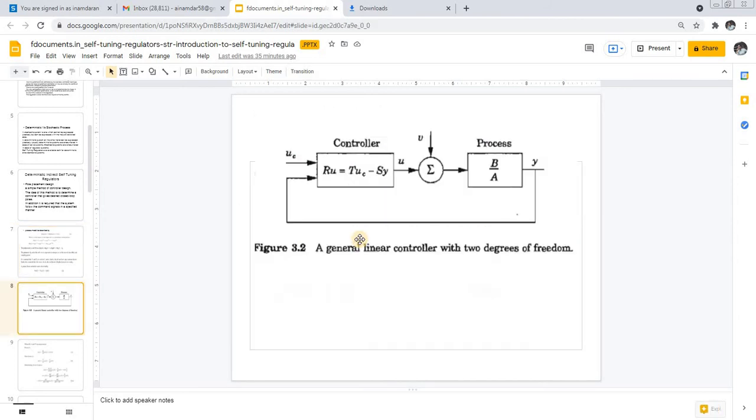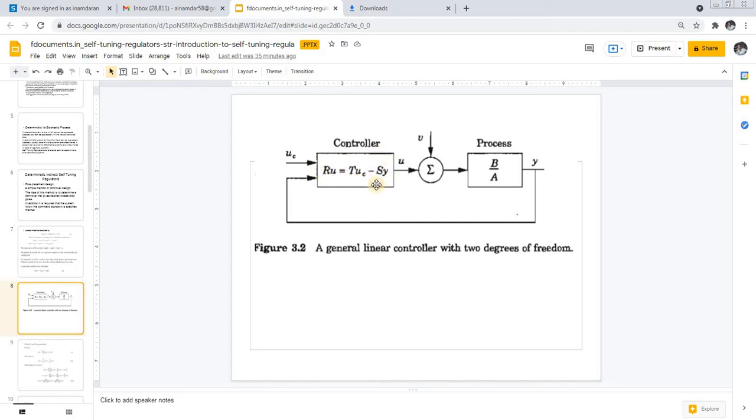This is the block diagram which represents a linear controller with 2 degrees of freedom. Here these are the inputs, this is the disturbance, the controller output and the process output. The process is B upon A and the controller is R u = T uc minus S y.